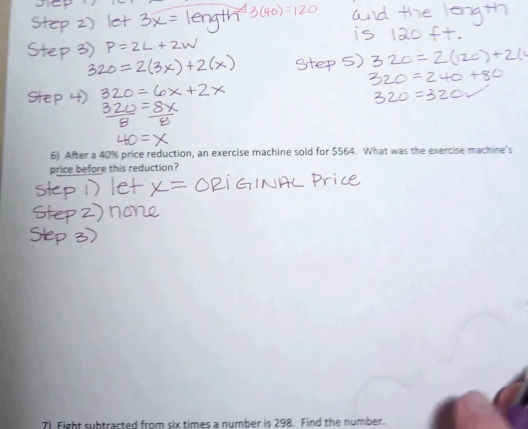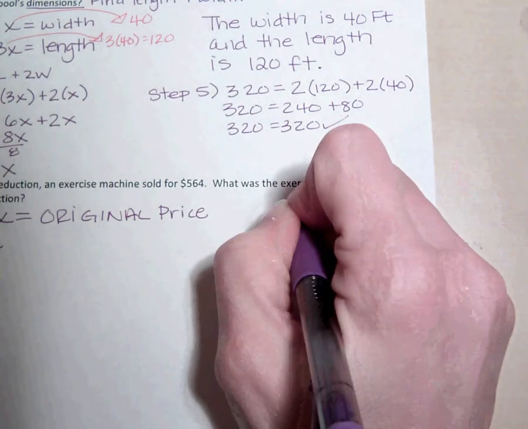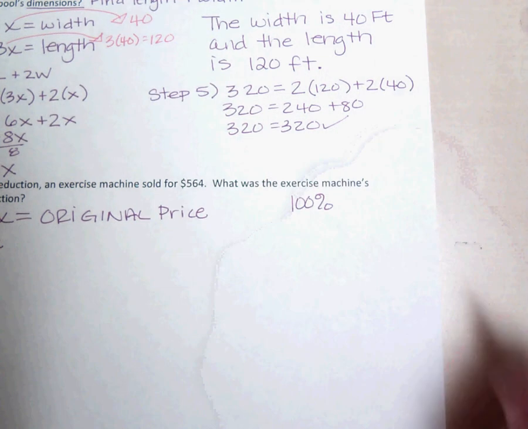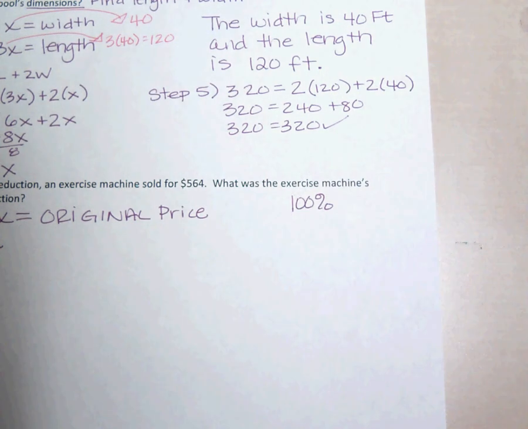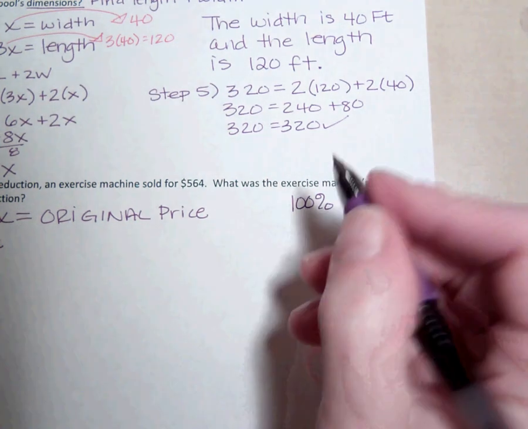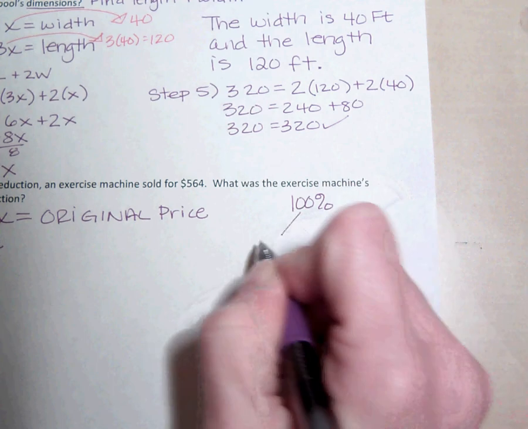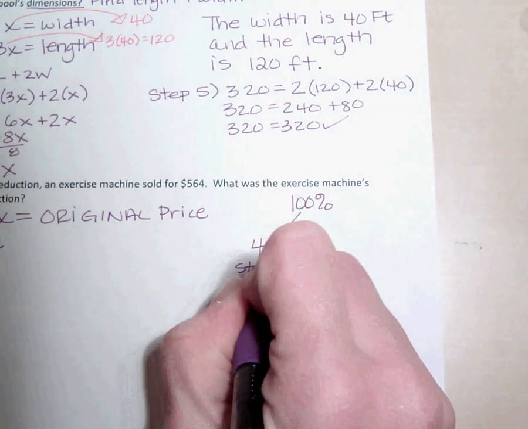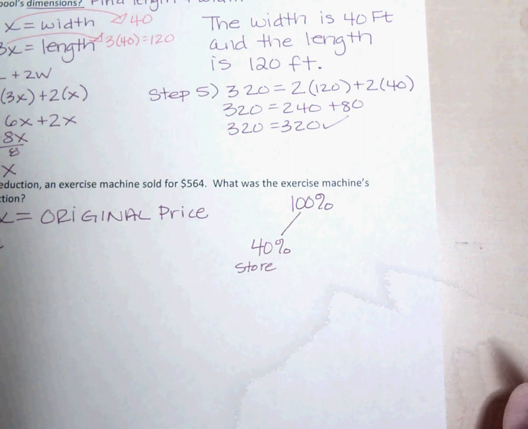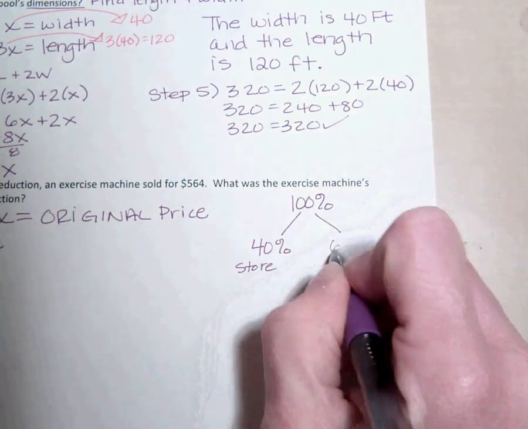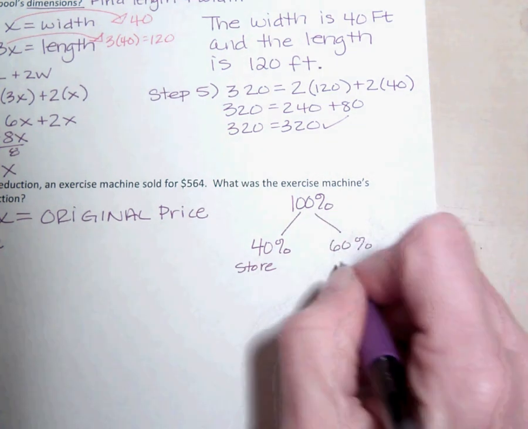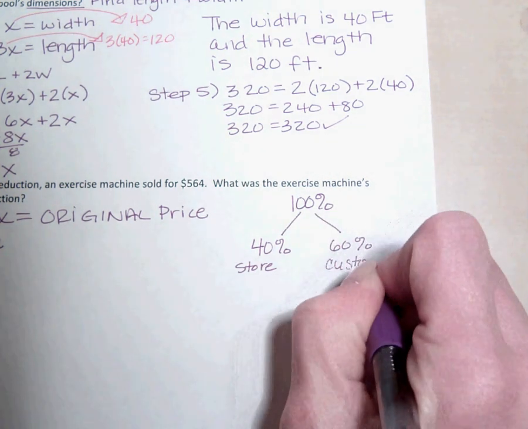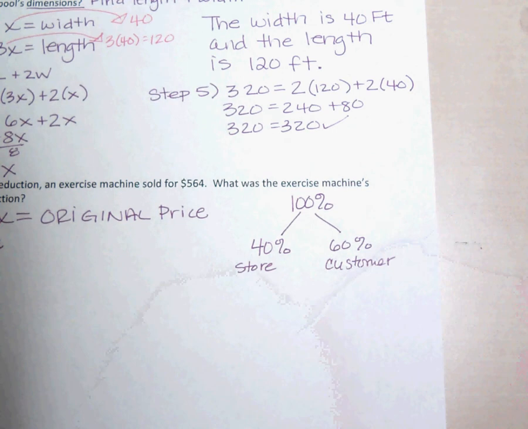So I'm just going to go off to the side here and explain what I mean by that. Originally, the exercise machine was 100% of its price. You had to pay 100%. Well, if there's a 40% reduction, that means the store is taking care of that 40%. So you, as the customer, have to pay 60%.